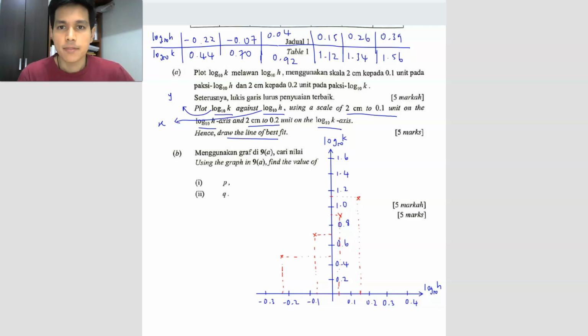Okay, and then 0.26, 0.26 is here, all the way to 1.34. And then the last one, 0.39, close to 0.4 here, all the way to 1.56.